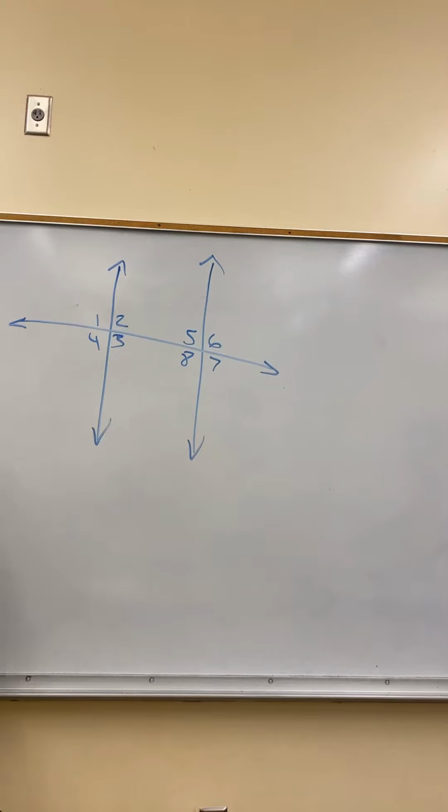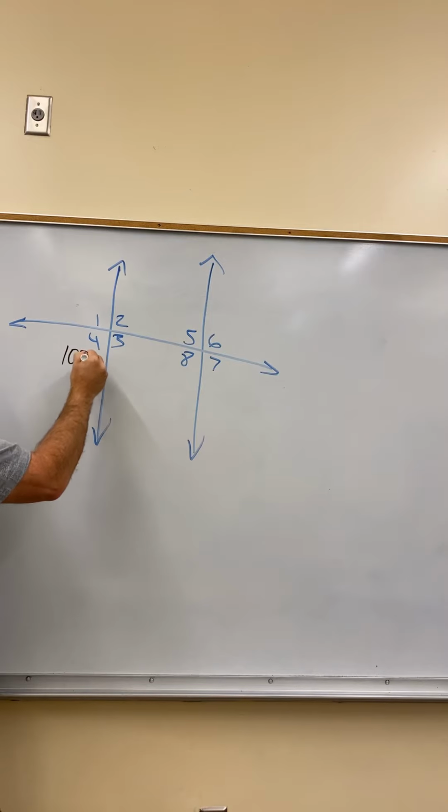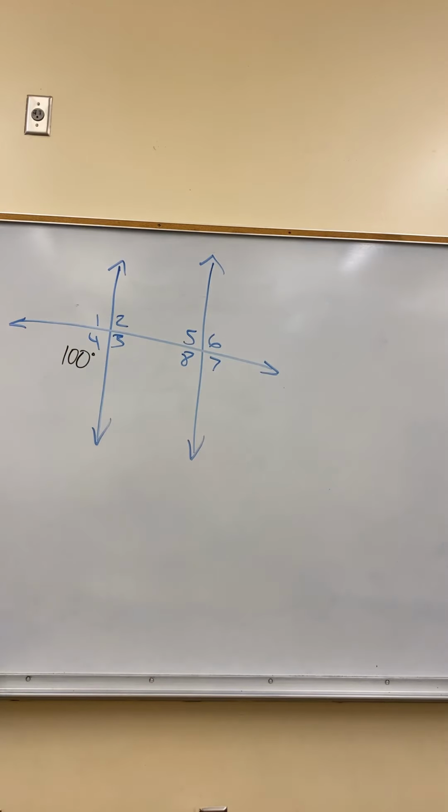Let's say that angle 4 is 100 degrees. So I want you to use corresponding, alternate interior, alternate exterior, and solve for the ones you can first. After you use those, then use your definition for supplementary and see if you can solve for the rest. So pause it now and see if you can fill this one in.